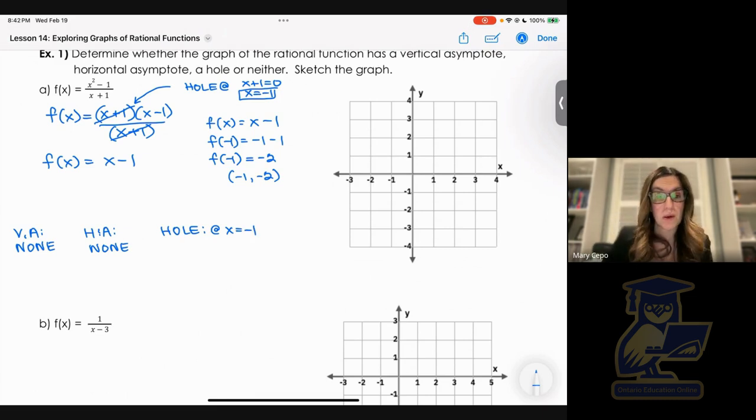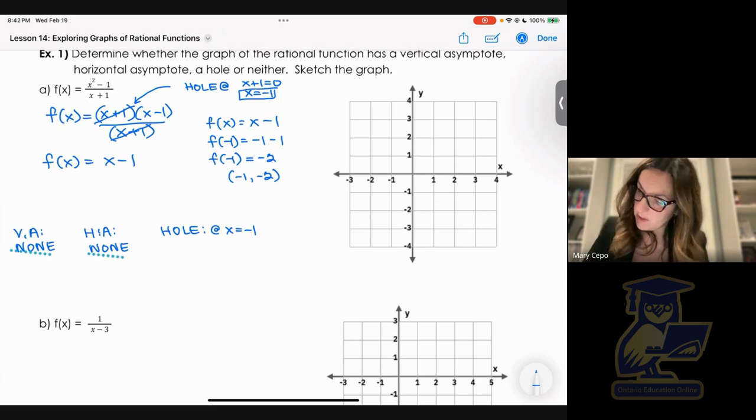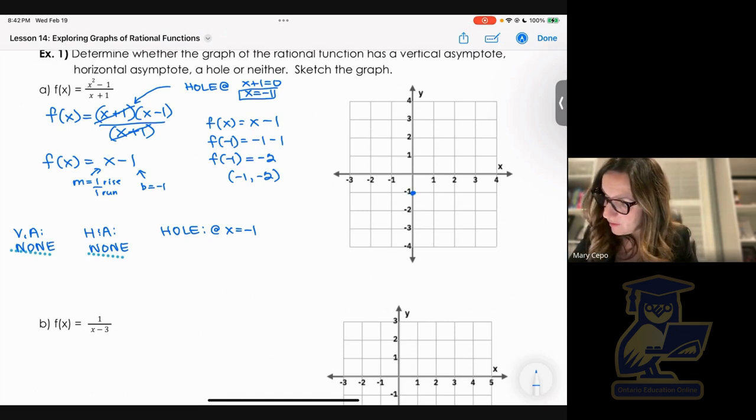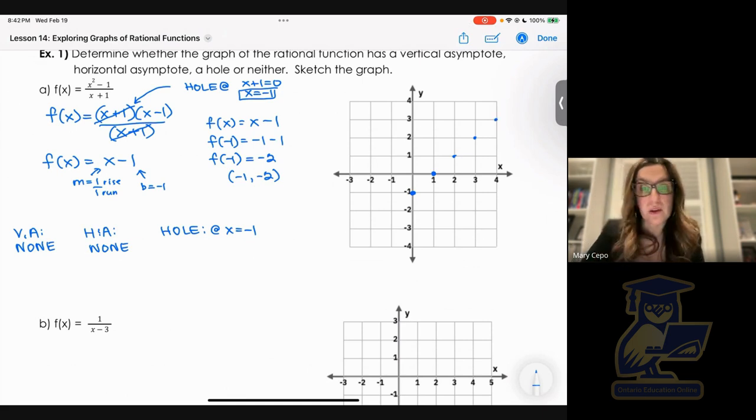Okay, so keeping in mind we do have that linear function, my slope in this case is 1 over 1, so rise over run. And then my y-intercept is negative 1. So we start at negative 1, up 1 over 1, up 1 over 1, up 1 over 1. Now, keeping in mind, we do have a hole when x is negative 1.